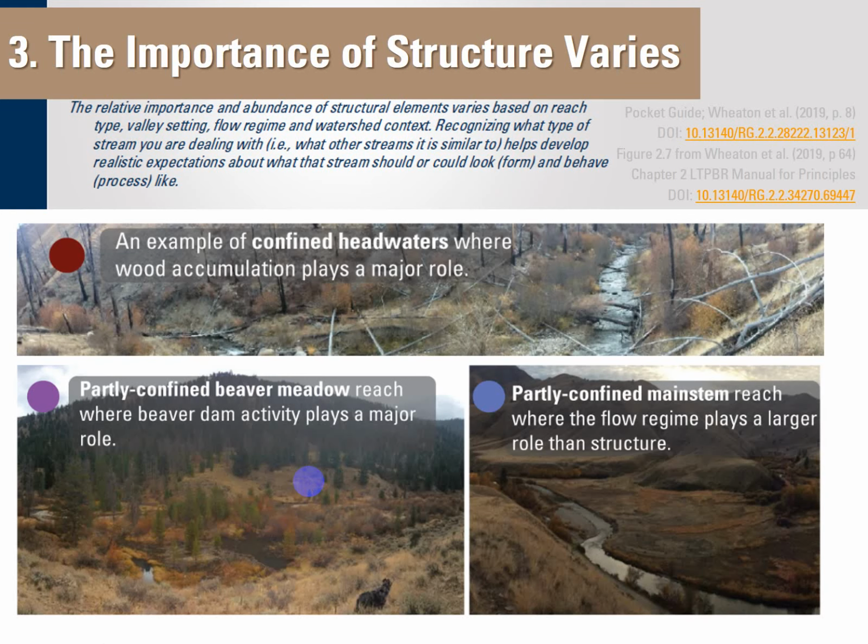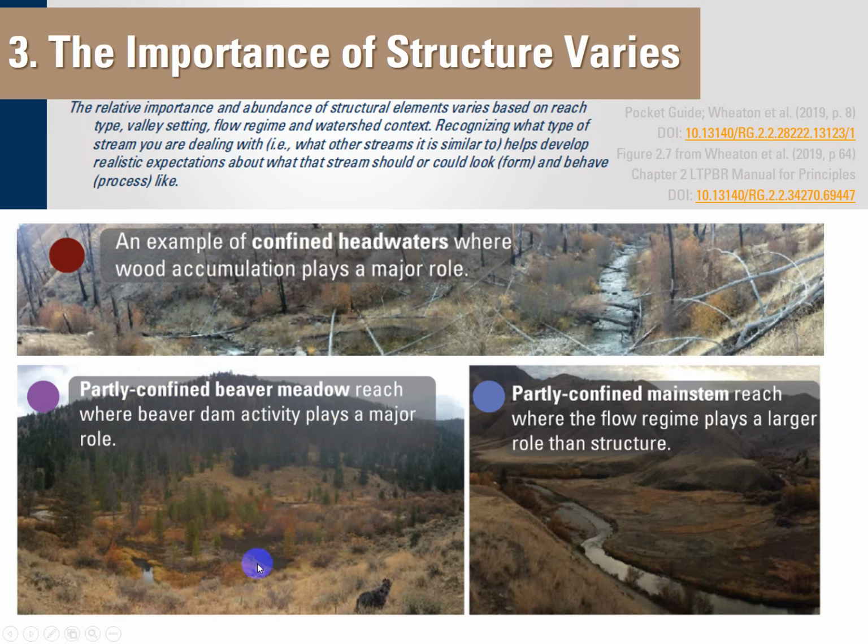So our next principle, principle 3, is that the importance of structure varies. And it turns out it varies based off of things that we can predict. That's basically hydrogeomorphic setting. So all you really need to know is if you're comfortable saying how important, for example, in some places like this top one, these confined headwaters, wood accumulation plays a major role.